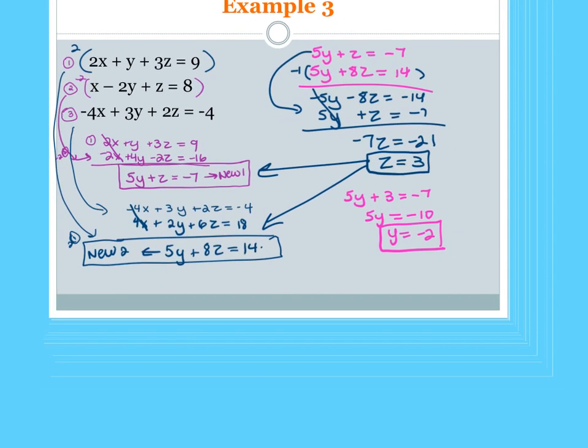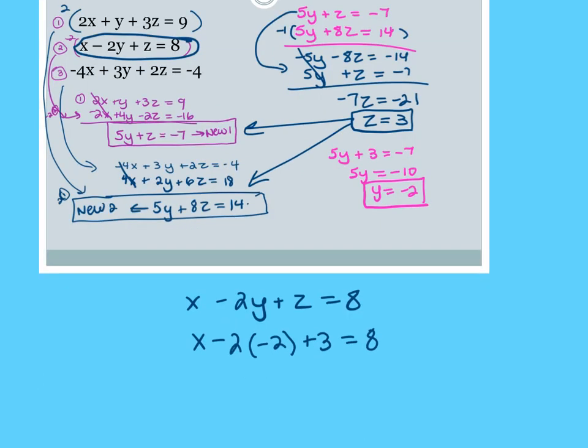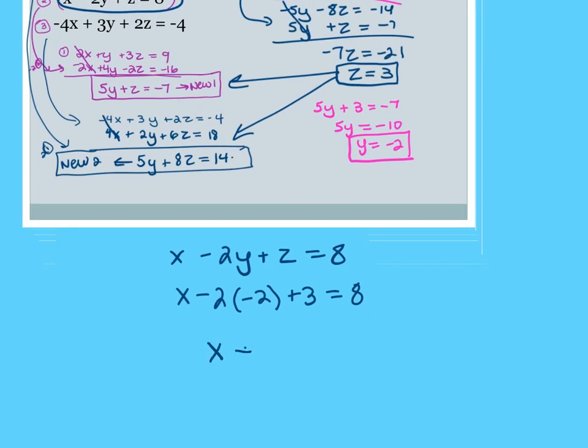Again, it doesn't matter which one. There's less multiplying on number 2, so I'm going to take that one. And there's my third variable.